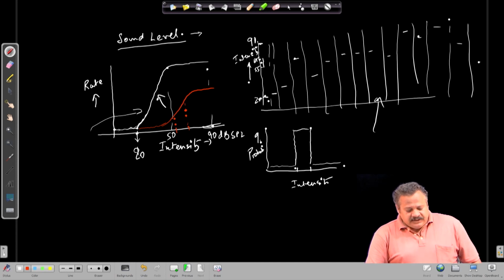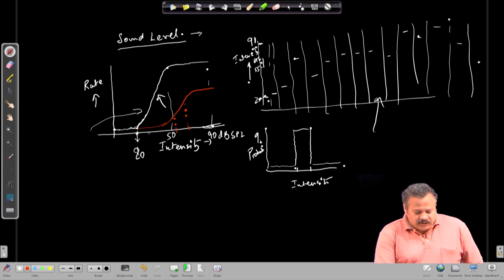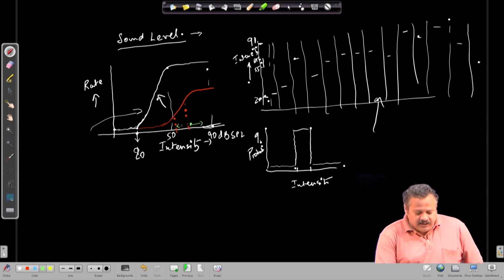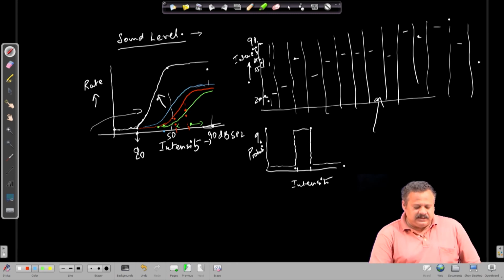And so now if you vary the range of intensities from 55 to 65, if you make it another one, that is 65 to 75, let us say, then again it can be something like this, or now if it is 45 to 55 in this range, then it may be something like this.